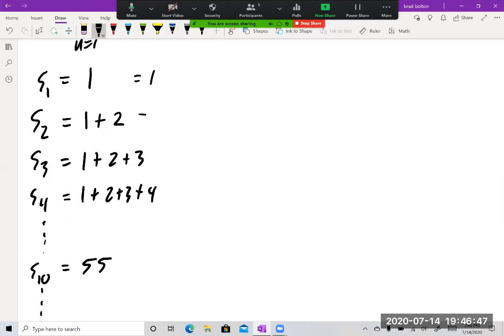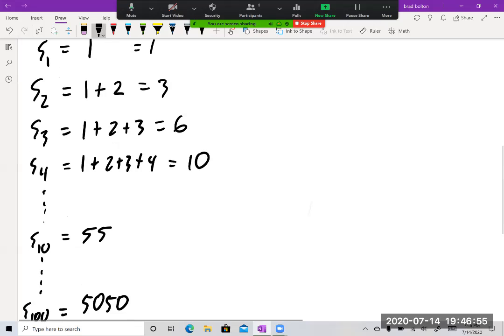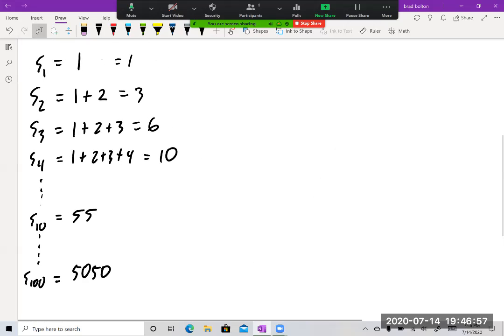This is 1, this is 3, this is 6, and this is what, 10? Okay. So as you can see, does this sum appear to be approaching some particular number? No, it's just getting bigger and bigger.